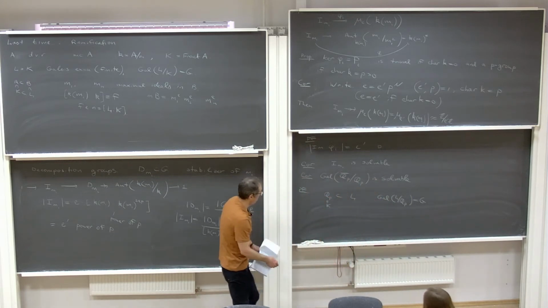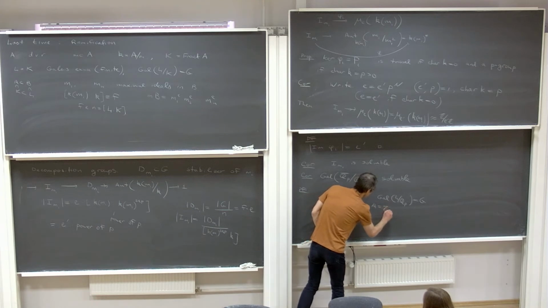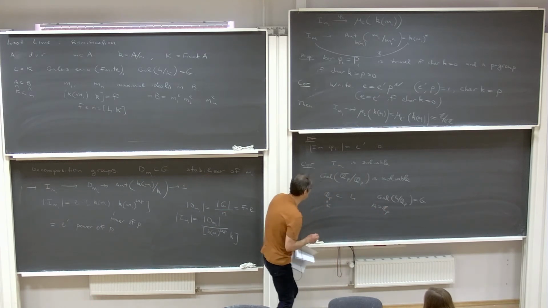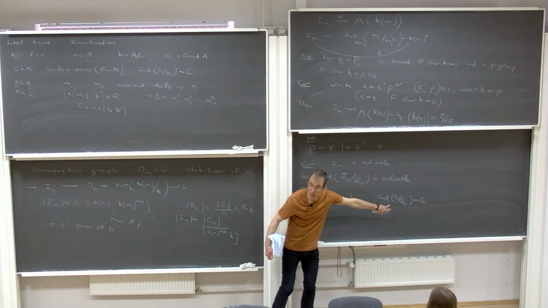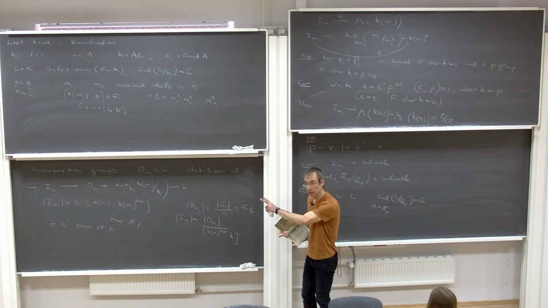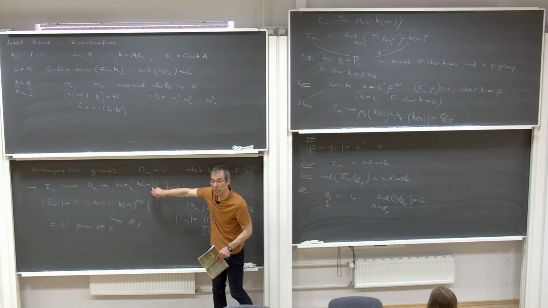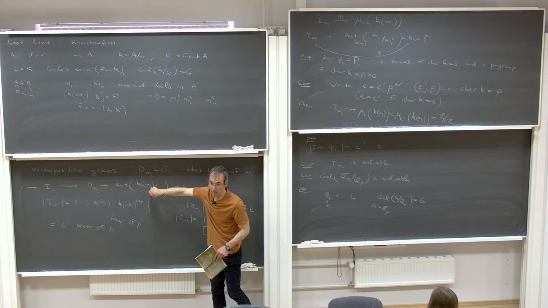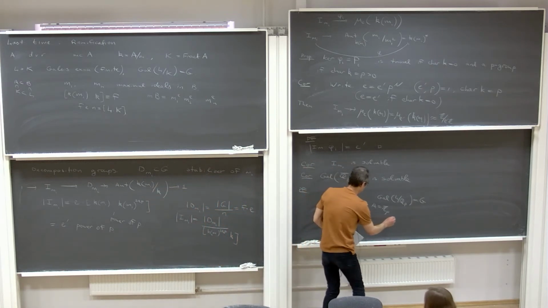So A is ZP. This is complete. And we observe that if A is complete, then there is only one maximal ideal in the normalization, in the integral closure. It's a local ring, right? There was a simple argument. So N is 1.